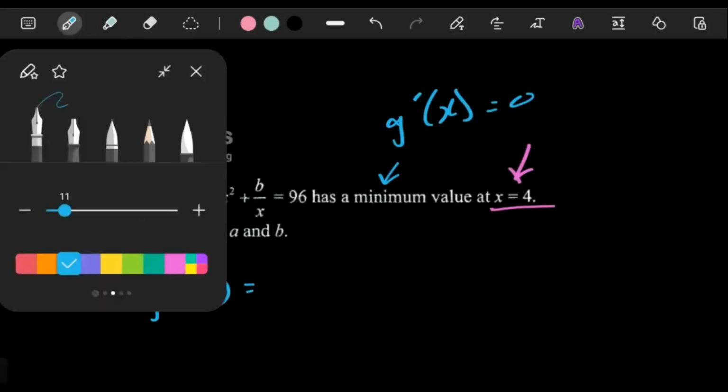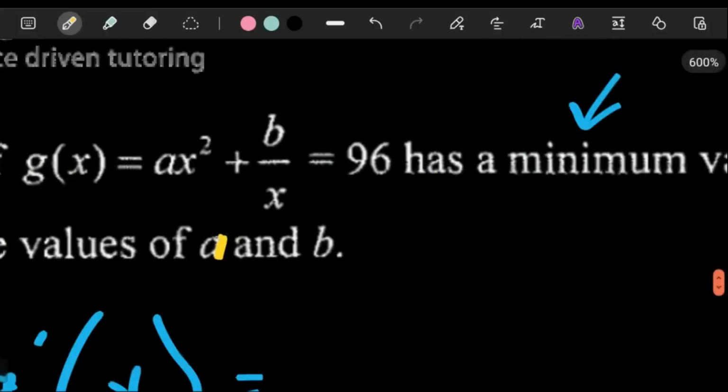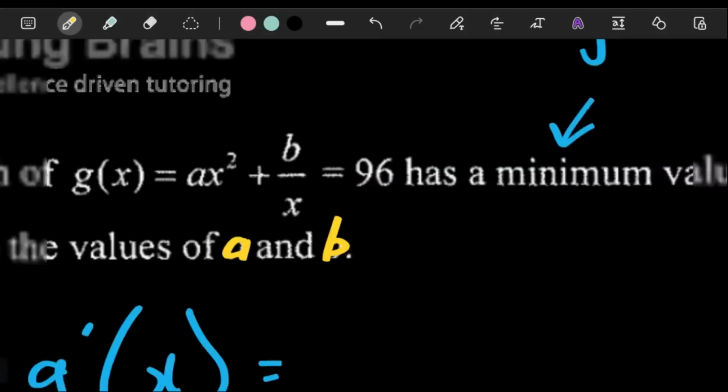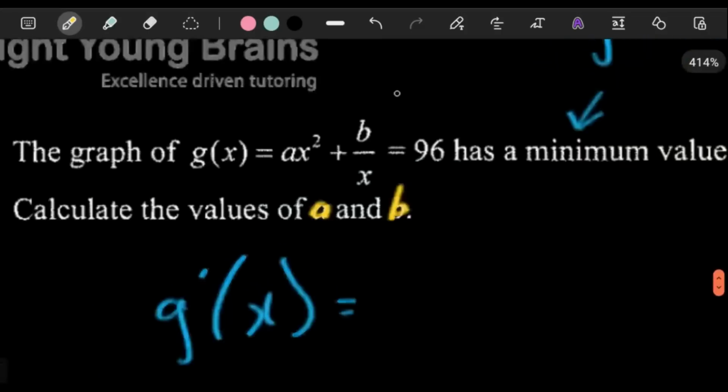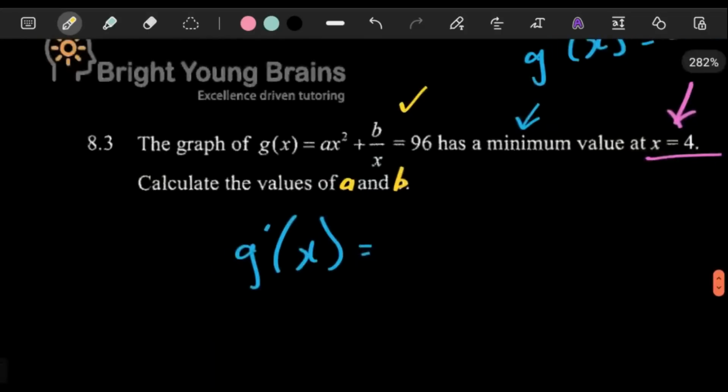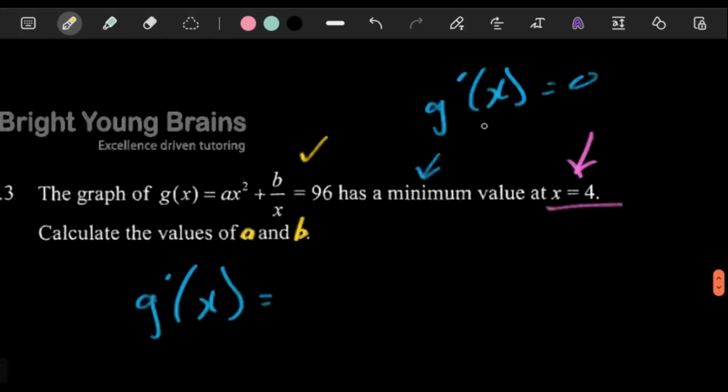The reason I'm doing that is anytime you need to get two variables, you need to work those variables out simultaneously. So you need two equations. You already have one equation here. Let's get another one, which is our first derivative. We're going to make it equal to 0, and we know that that first derivative is equal to 0 specifically where x is 4.